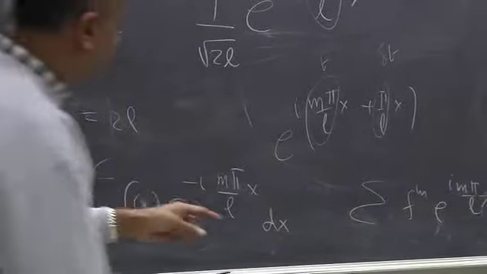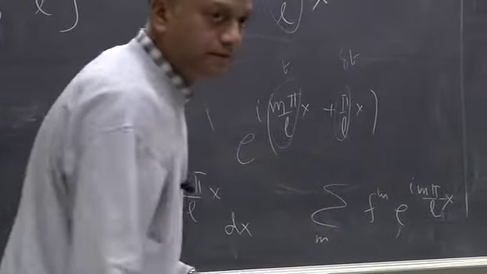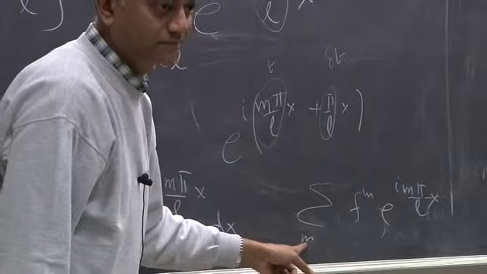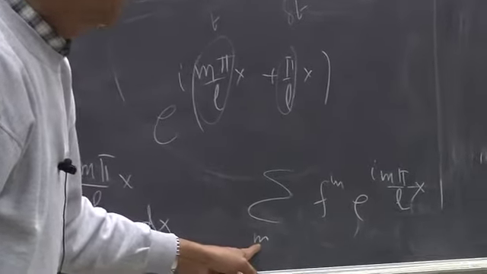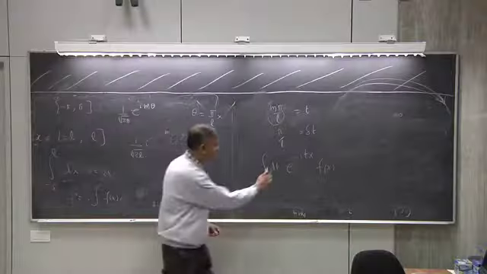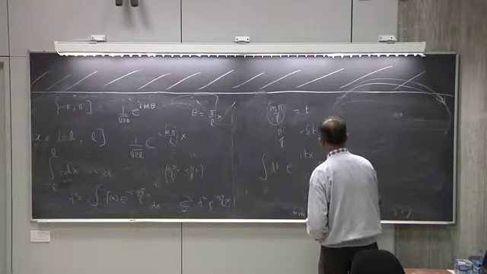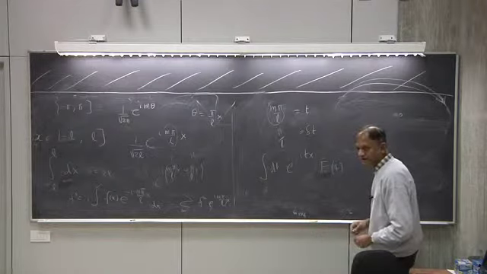But the summation is over m, right? But in the limit L goes to infinity, I can think of it as an integral, right? After all, if you just consider e to the plus itx, and let me call it F of t, suppose I want to consider this integral.